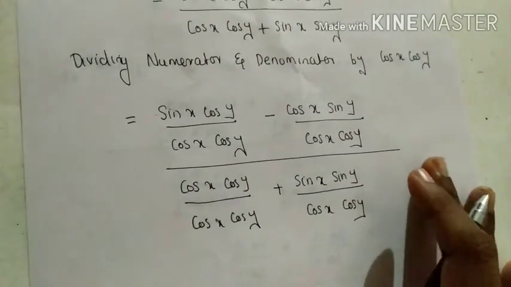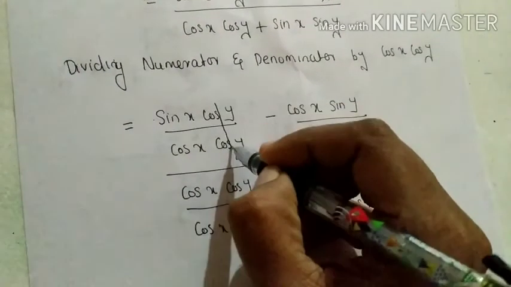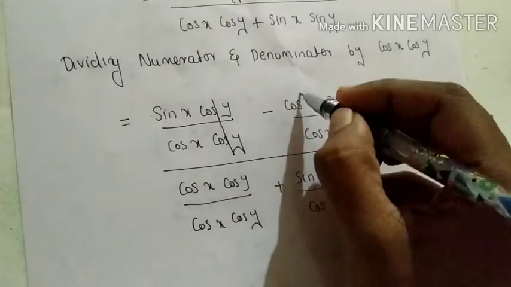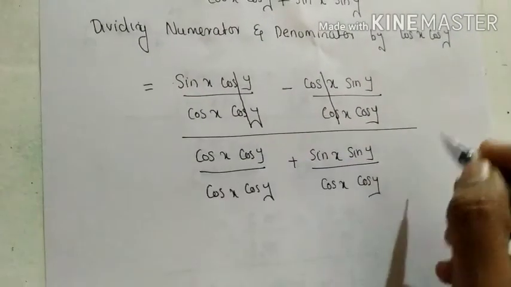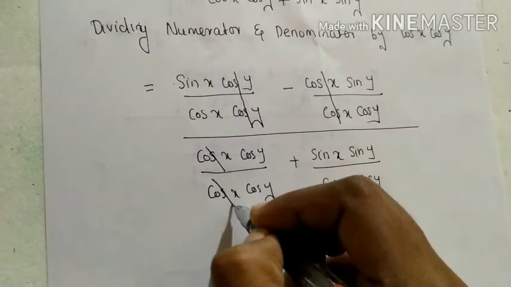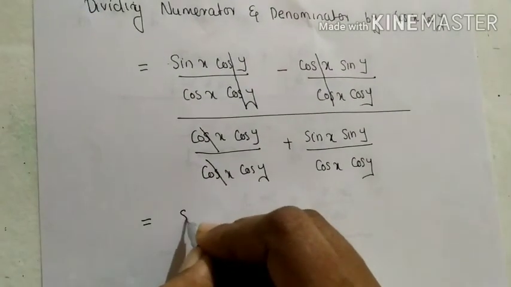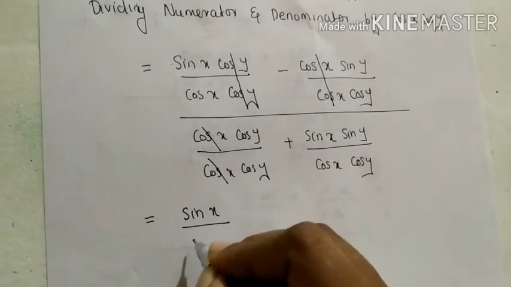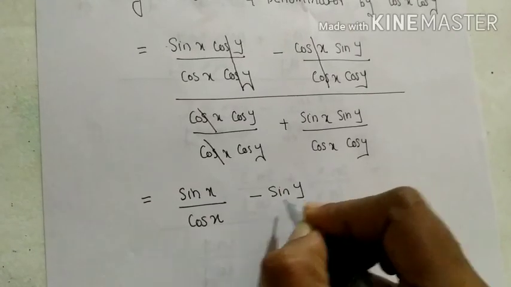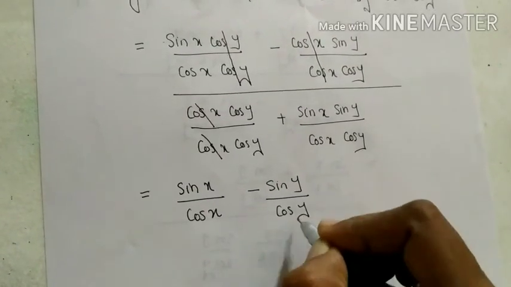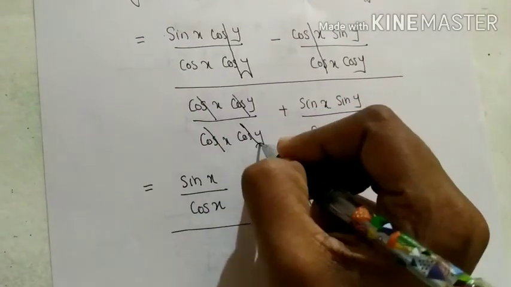So if you observe in the numerator, here cos y cancels, and here cos x cancels, and in the denominator these two cos x cancel, and the remaining terms are sin x by cos x minus sin y by cos y, whole divided by, the whole term will cancel here, right?